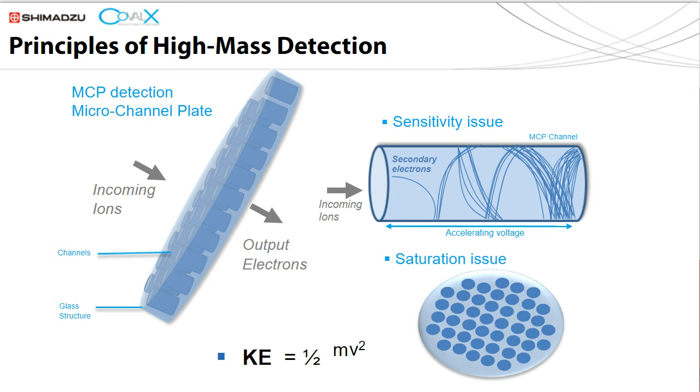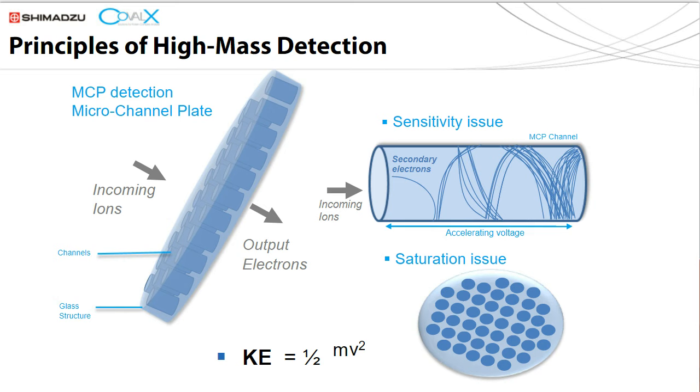One of the main concerns with this is that as the ions get larger, if we assume the basic time-of-flight equation, KE equals 1/2 mv squared, as we discussed earlier, if we've got fixed source voltages, 15, 20 kV source voltages, and we've got singly charged ions, the kinetic energy is fixed.